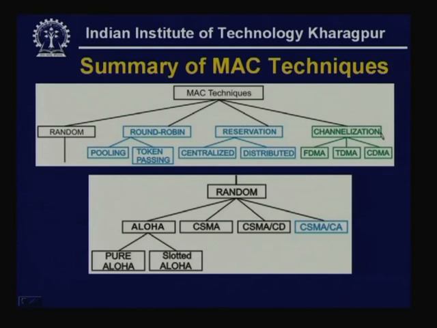And in today's lecture we have discussed FDMA, TDMA and CDMA, and here we have seen that signals can be transmitted in 3 different ways: by using time, frequency and code division multiplexing.